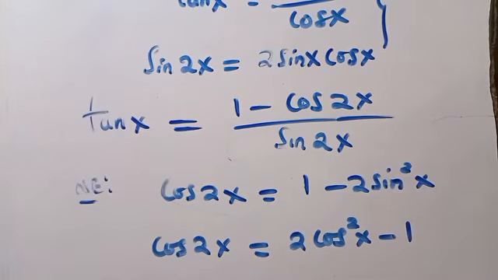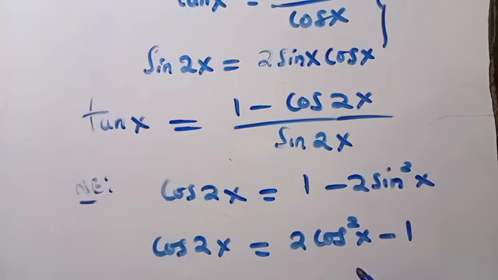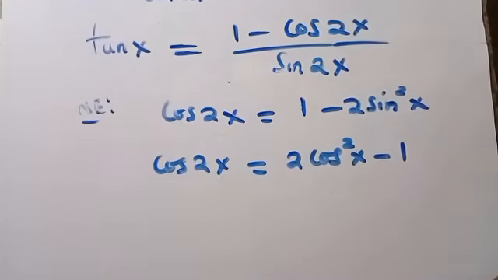So this is what we are going to have. These are double angle formulas for cos, and we still have another one, which is cos squared x minus sine squared x, but we don't need that. Out of these, what we need is cos 2x equals 1 minus 2 sine squared x.